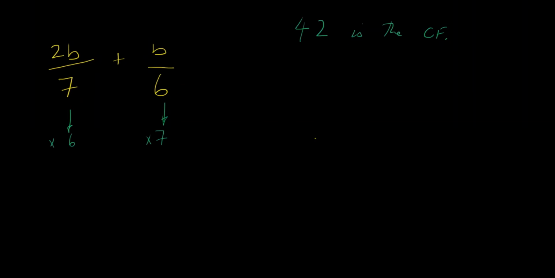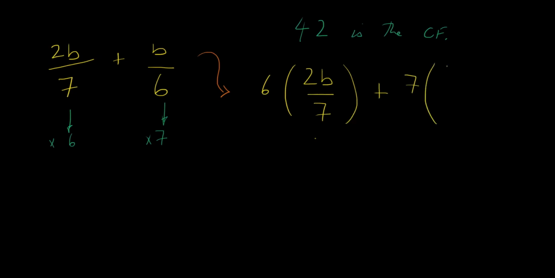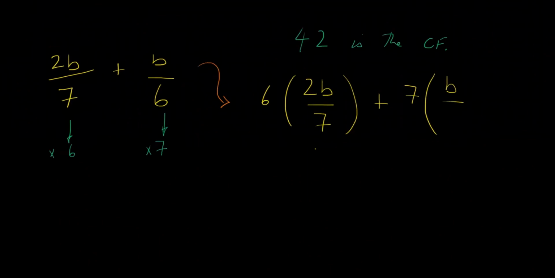So when we rewrite this, it just becomes a 6 outside, 2b plus, I've got to multiply this one by 7, and it's got to be b over 6 over... oh, come on, Mr. Penn, why do you refuse to write a 6 today?